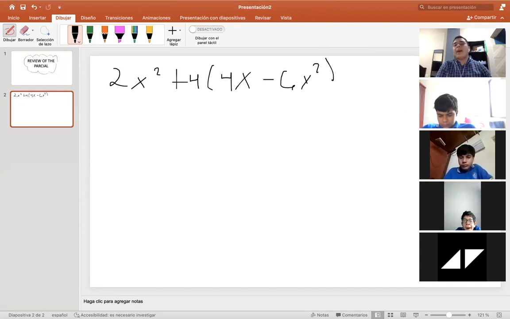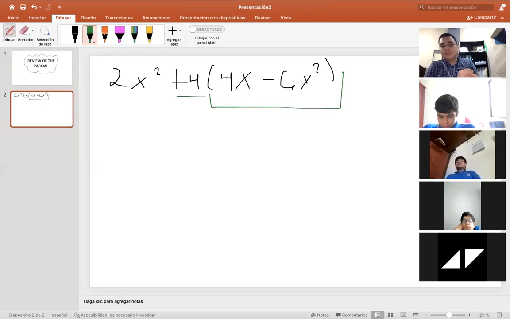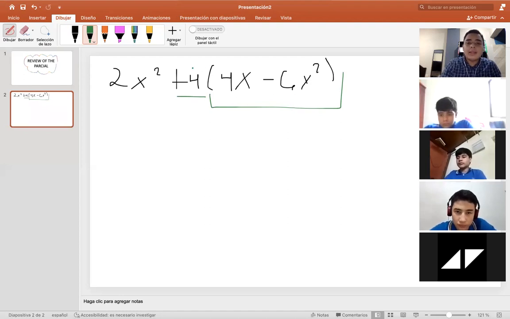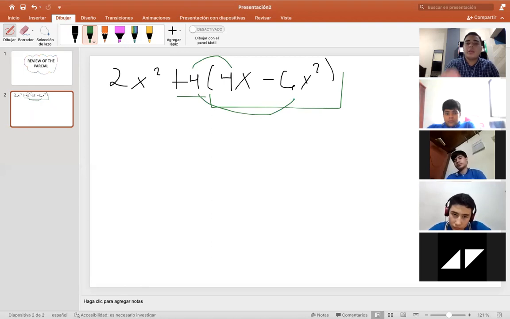Well, I can see that the number 4 is multiplying all the terms in the parentheses, yes or no? Yes. So we need to multiply this one times this one and this one times this one. It's called the distributive property.